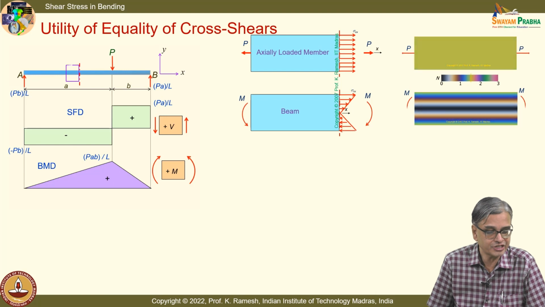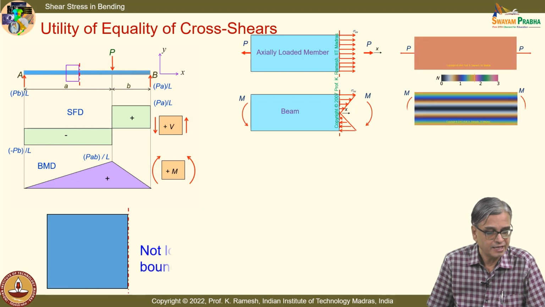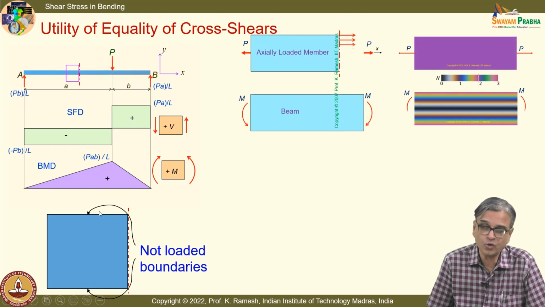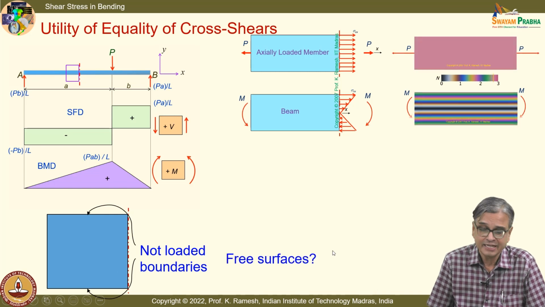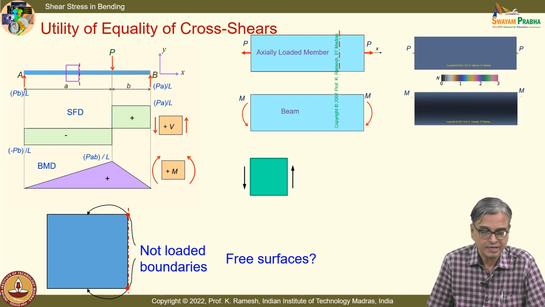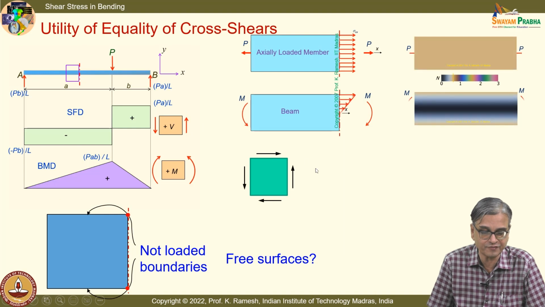I take a section, and these are not loaded boundaries, and I said I can find out what happens at this top point and bottom point, and our logic was, it was a free surface, there is no shear acting on that, and we said that this shear force is not acting because it is a free surface, so all the other shear stresses go to 0.